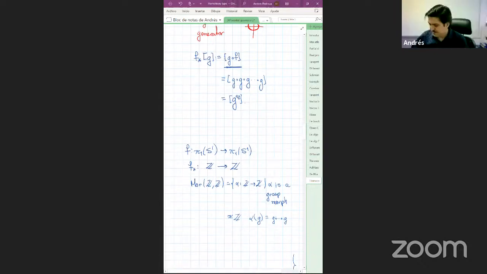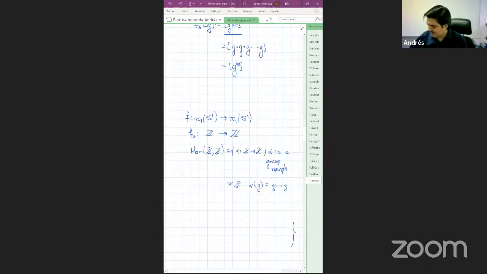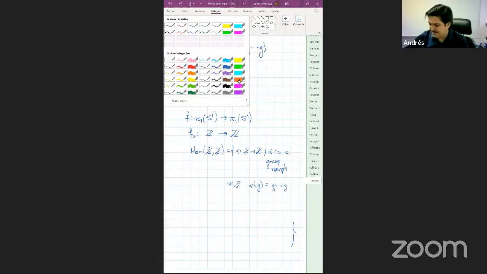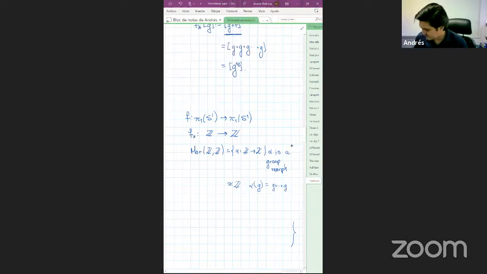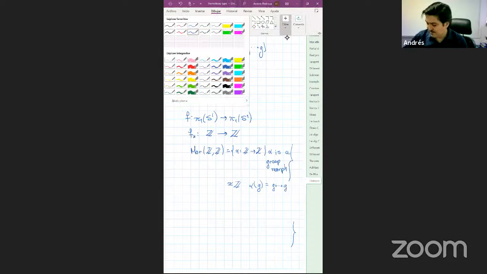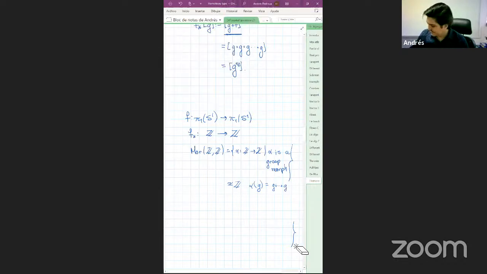Well, remember, so far all of this was just to recall, in some specific case, the homotopy concept. So let's now go to the actual definition.